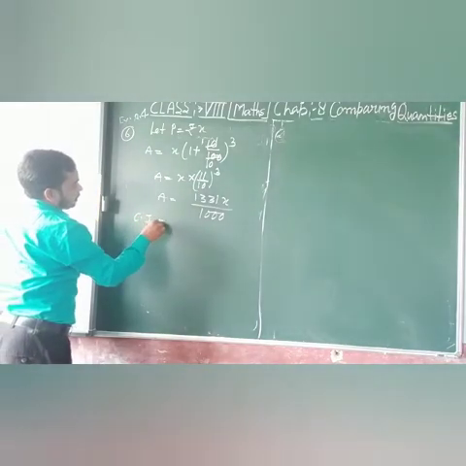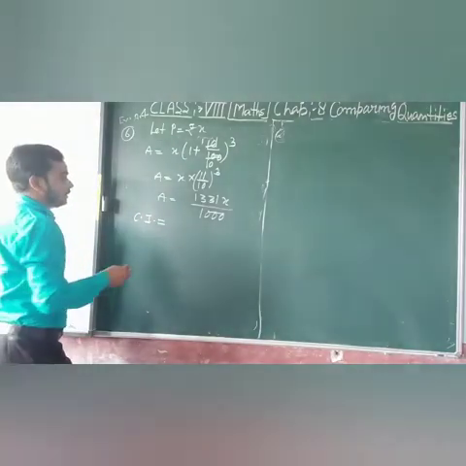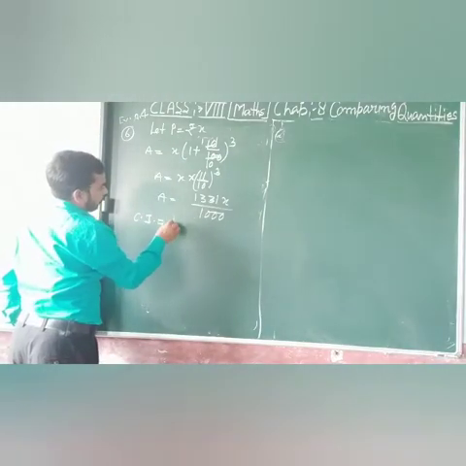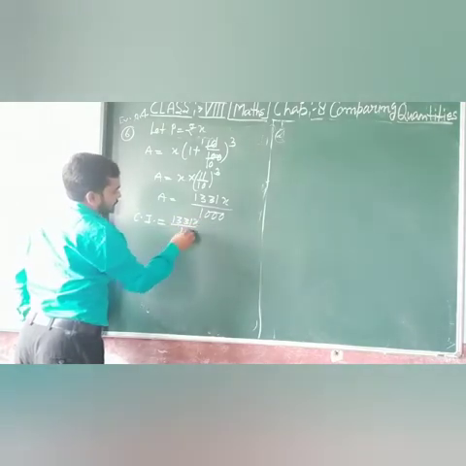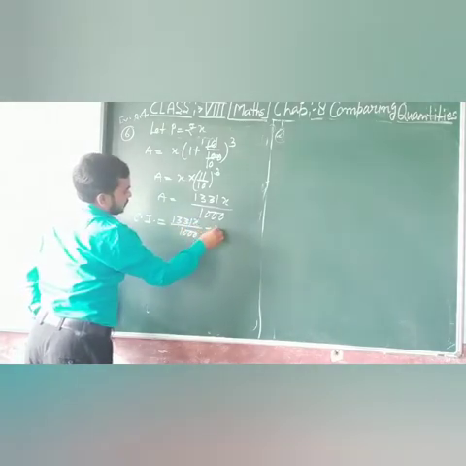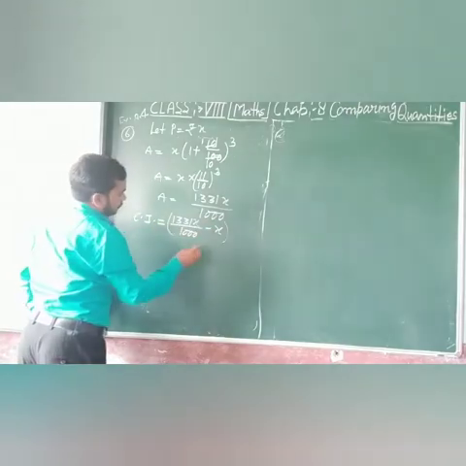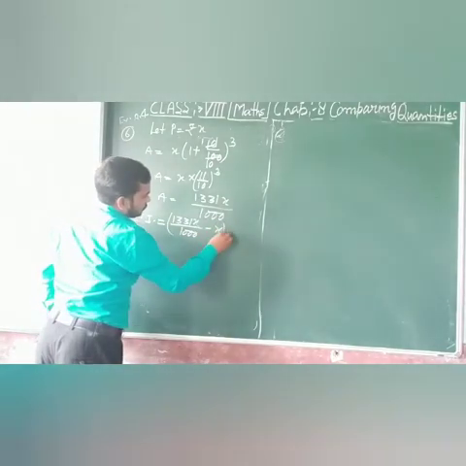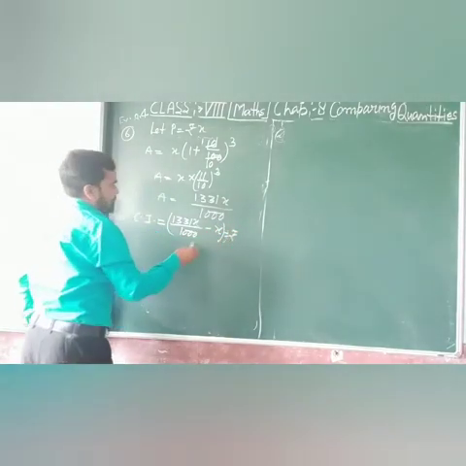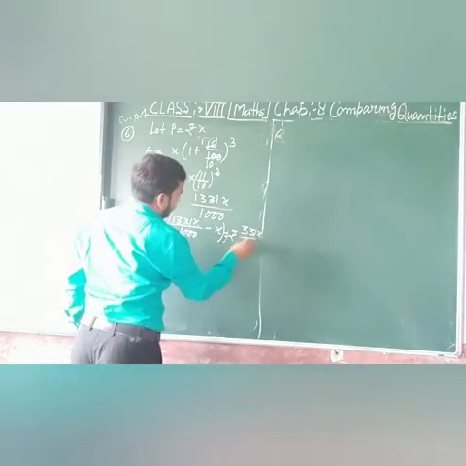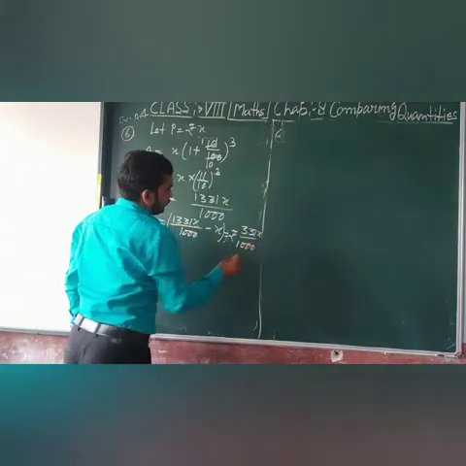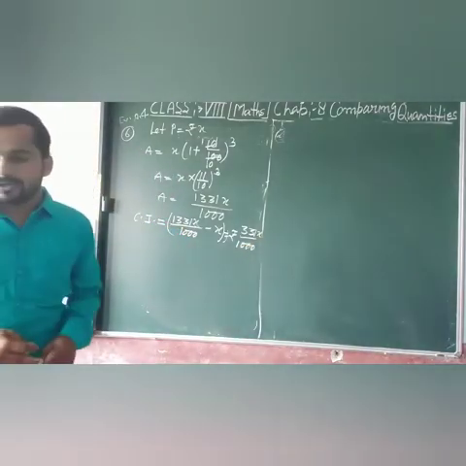Then find out the compound interest. So we know that compound interest is equal to amount minus principal. So amount is 1331 x upon 1000 and principal is x. So when we subtract, we have 331 x upon 1000.